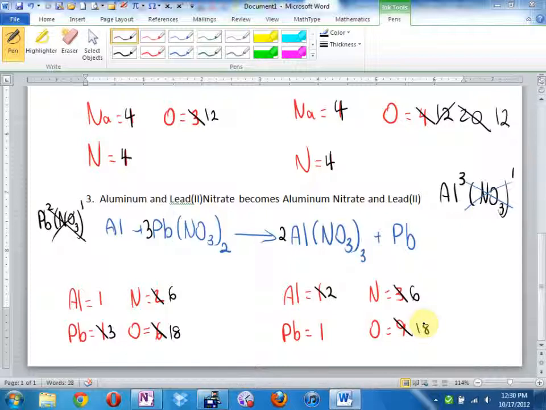Oh, you're saying I got 3 leads on the left, 1 on the right, but you're saying if I put a 3 there, I got 3? Are we balanced? No. Now what? Oh, you're saying I got 2 aluminums here. Put 2 there. Laura, are we balanced? Yes. Yes. Ta-da!